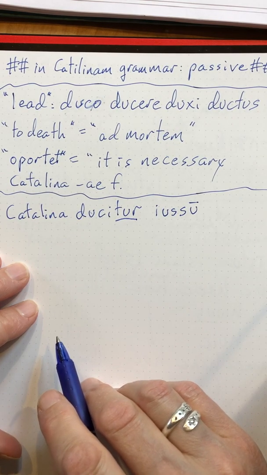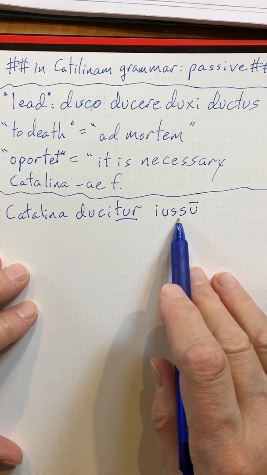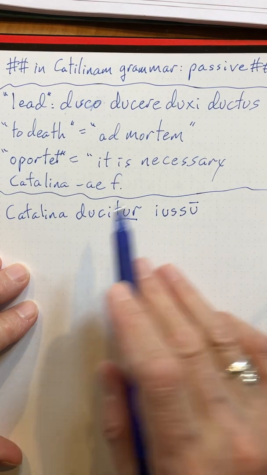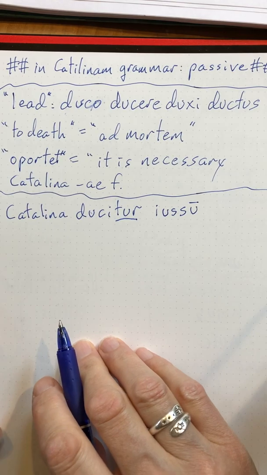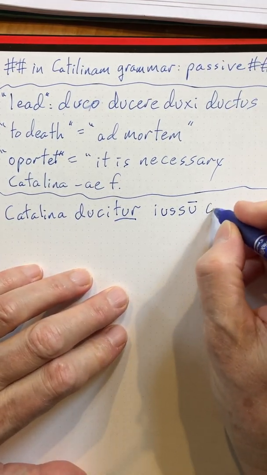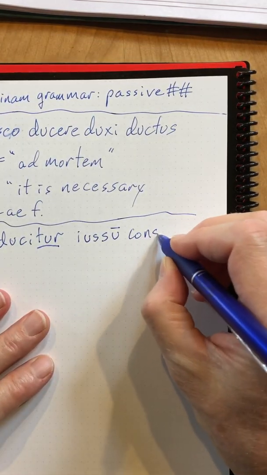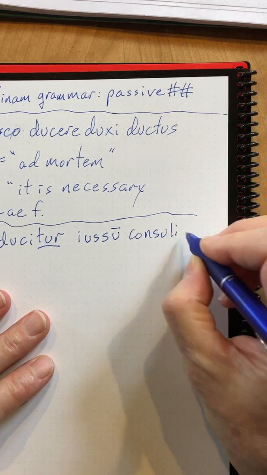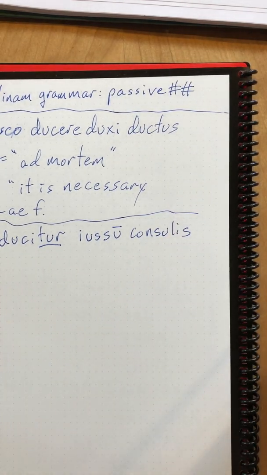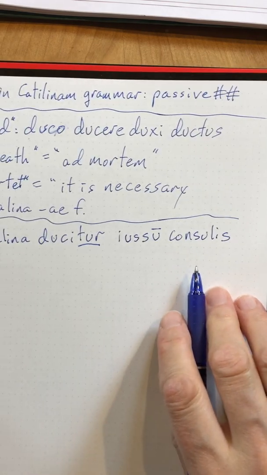It's a little weird because even though this is the subject, this is the doer because it's passive. So let's take a look at this another way. The sentence really was by order of the consul, consulis, like that. So the consul's the person doing it.